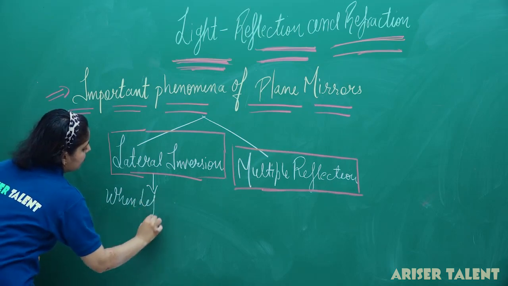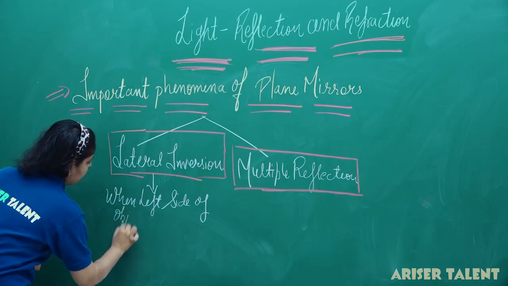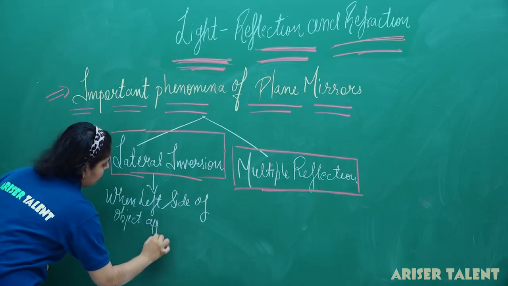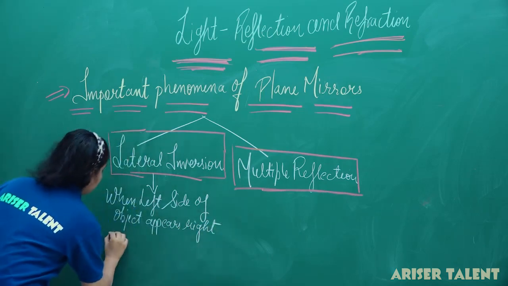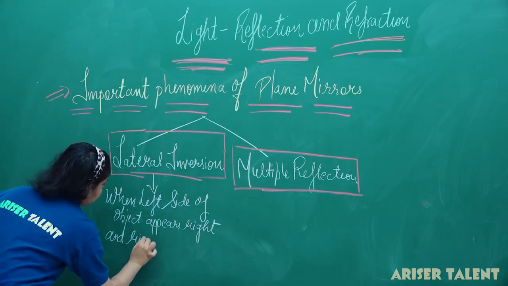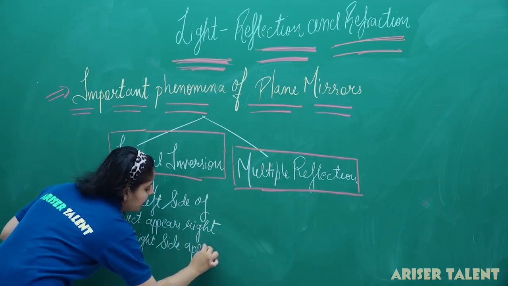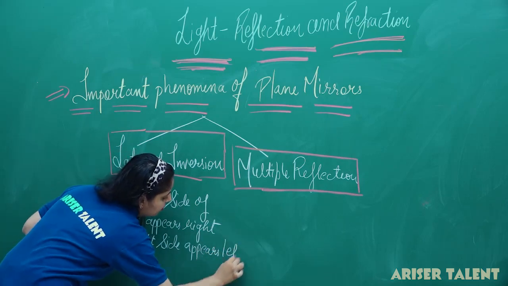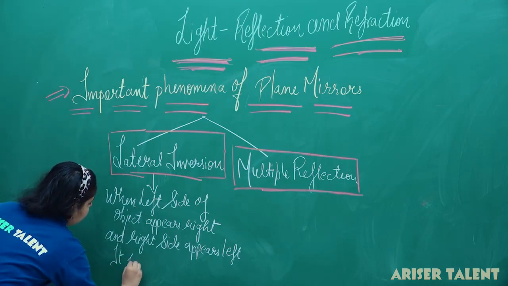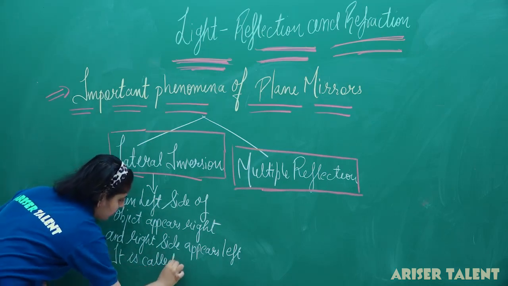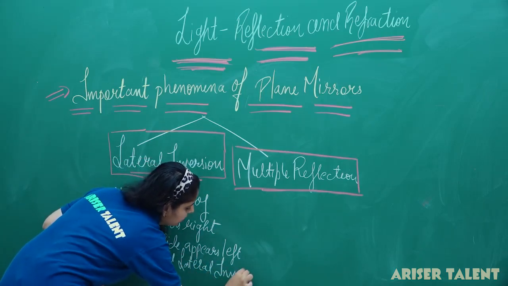So, when the left side of an object appears right and the right side appears left, it is called lateral inversion.